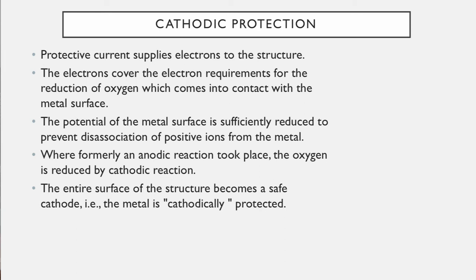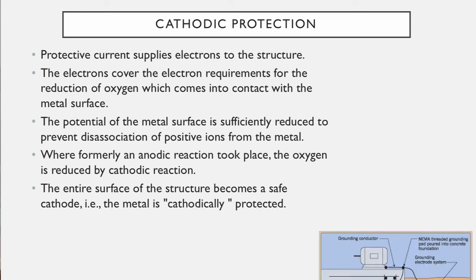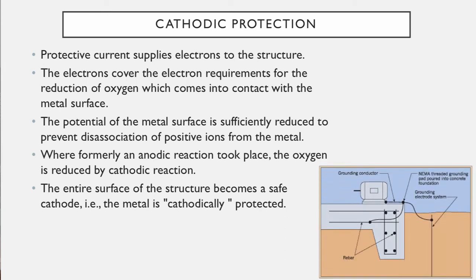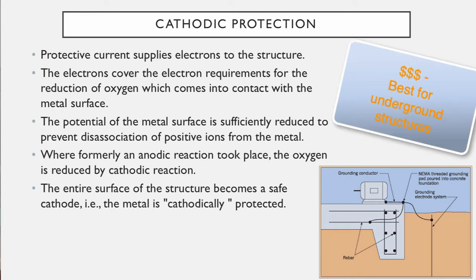Instead, you get a cathodic reaction where the oxygen is not taking electrons from the steel. What that might look like is literally a ground conductor. You have something putting charge in. This is not a cheap way to go, but for underground structures, it's going to be a way that you can have long-lasting protection for something that's very hard for you to inspect.